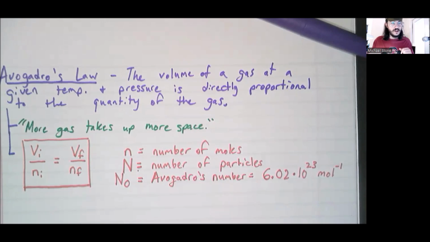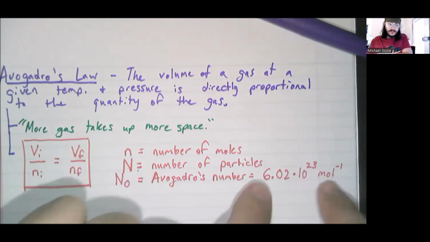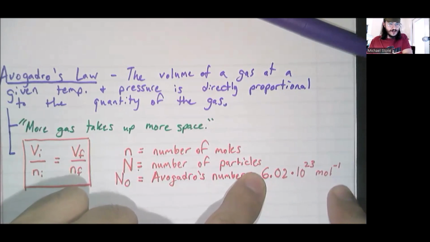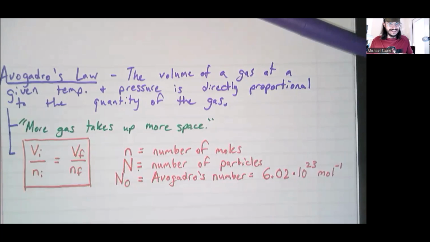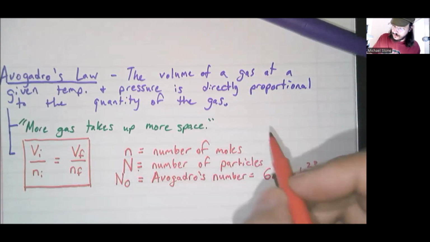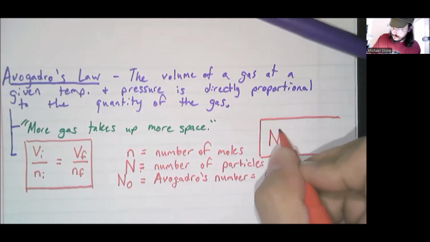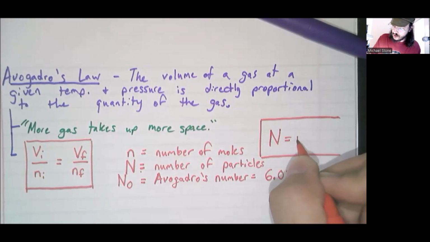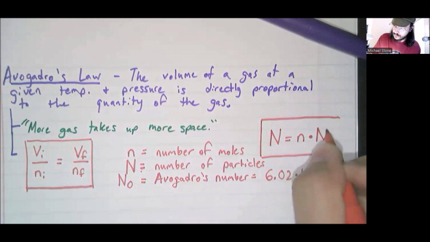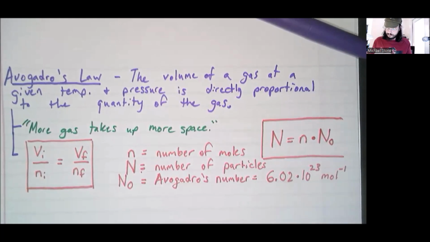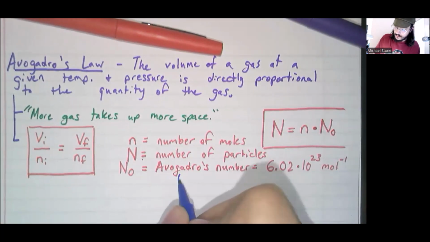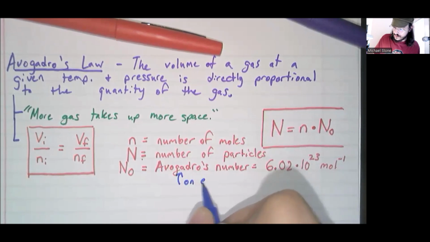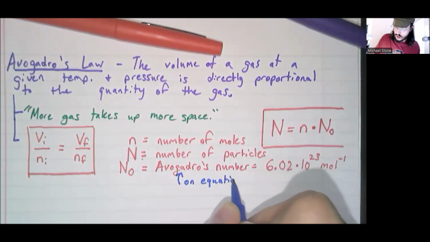If you have 1 mole of hydrogen gas, you have 1 Avogadro's number of that gas. So it's a very neutral way of describing amount of stuff. Number of particles is just your number of moles times Avogadro's number. This constant is on your equation sheet.